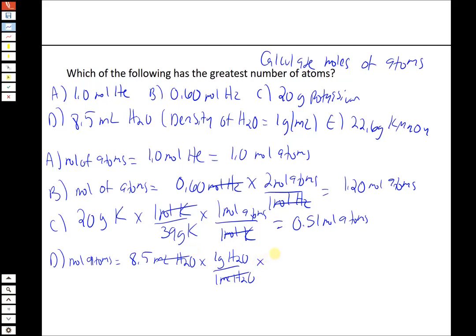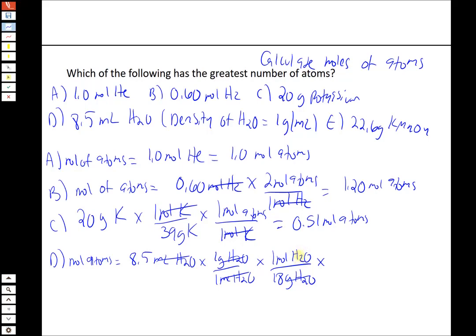Once we have grams, we can find moles of water by using its molecular mass, which is 18. So H2O, 2 hydrogens, 1 oxygen, is a total of 18 grams per mole. But that's moles of water molecules, but we want to find moles of atoms. You have to recognize that the formula of water is H2O. So the total of 3 moles of atoms for every 1 mole of water.